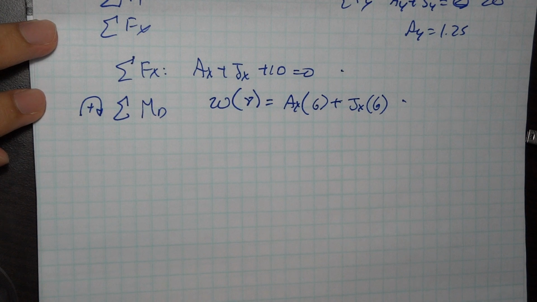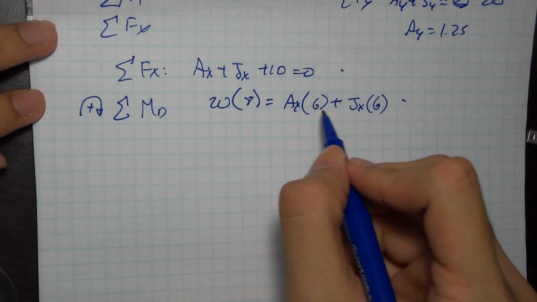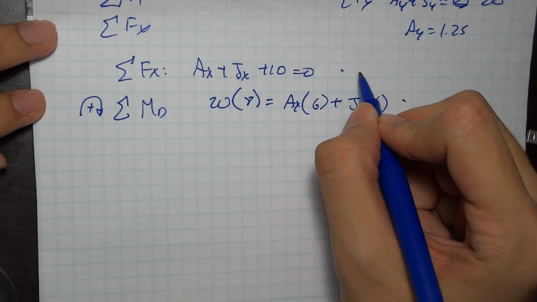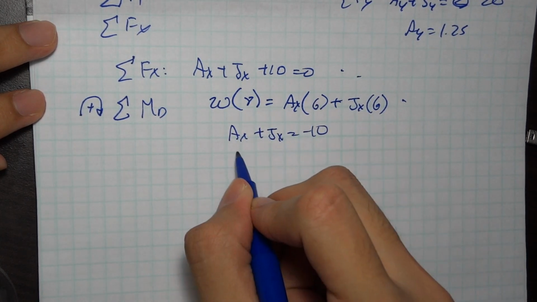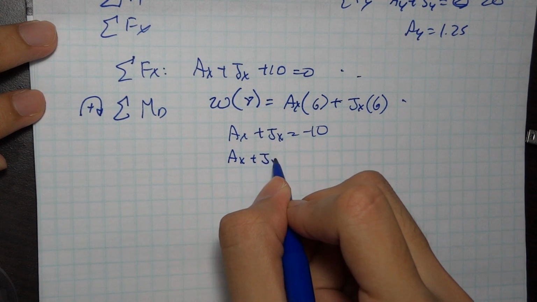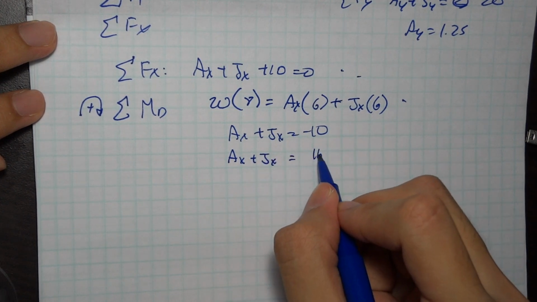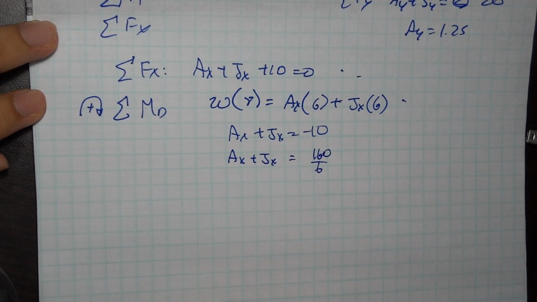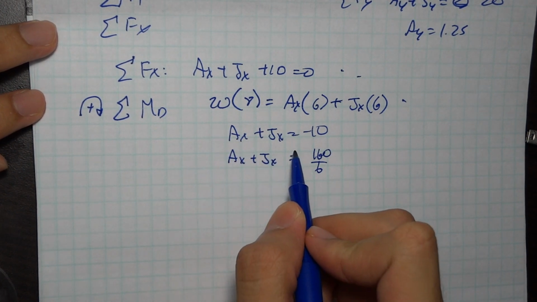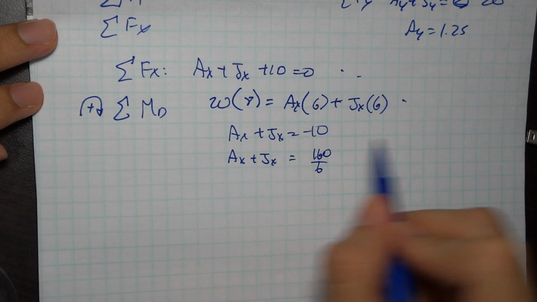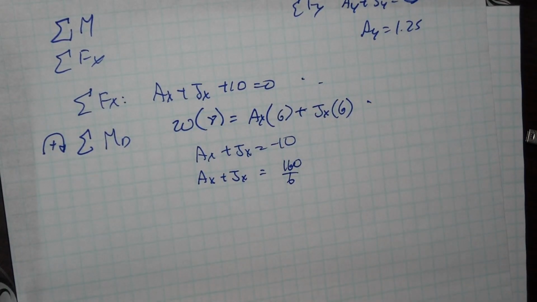What do I mean by that? If I rewrite this, do you see how you cannot have Ax plus Jx equals -10 and Ax plus Jx equals 160 over 6?